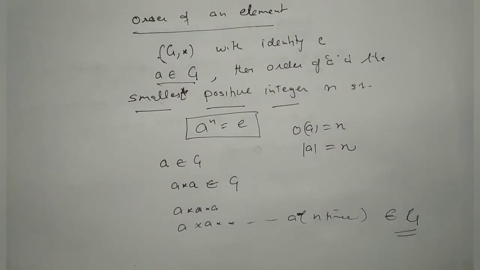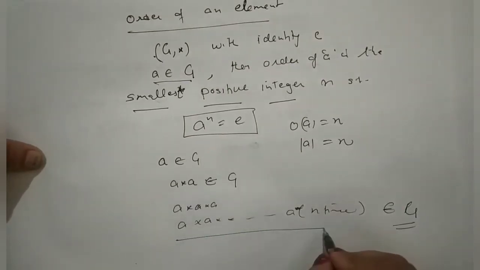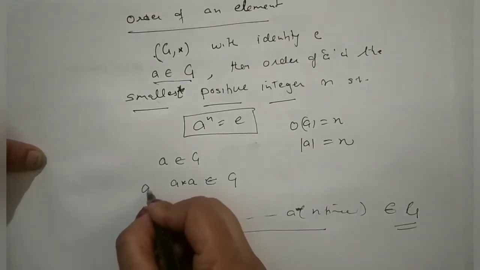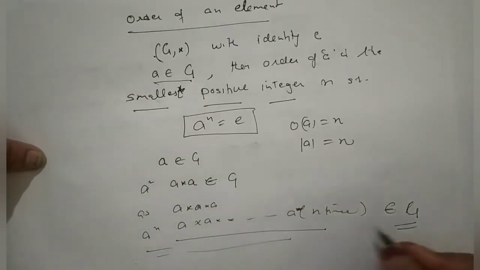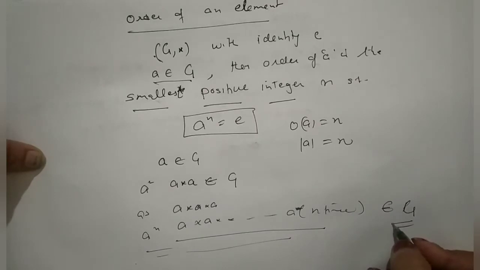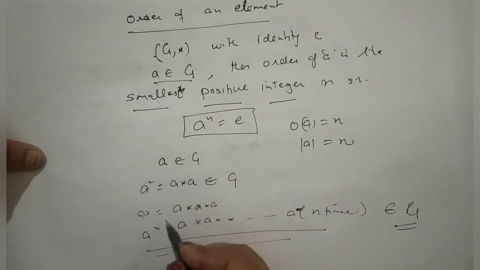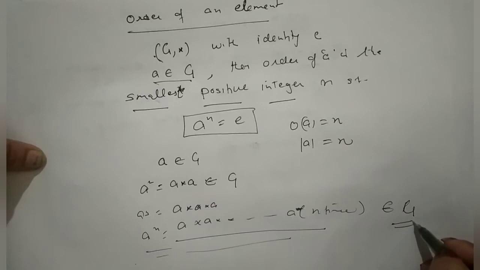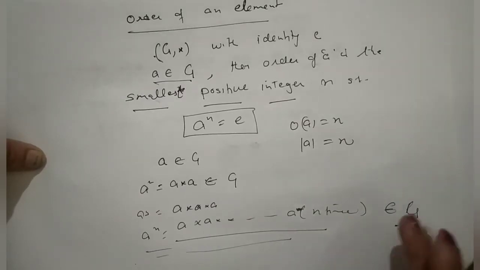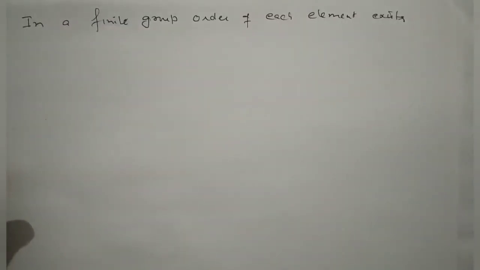So if the group is finite, how can all the powers of a, a square, a cube, a raised to power n and so on, belong to G? There may be infinite elements if we go on increasing the power of a, and all the powers are from G because G is closed. So we will discuss this in the next theorem.